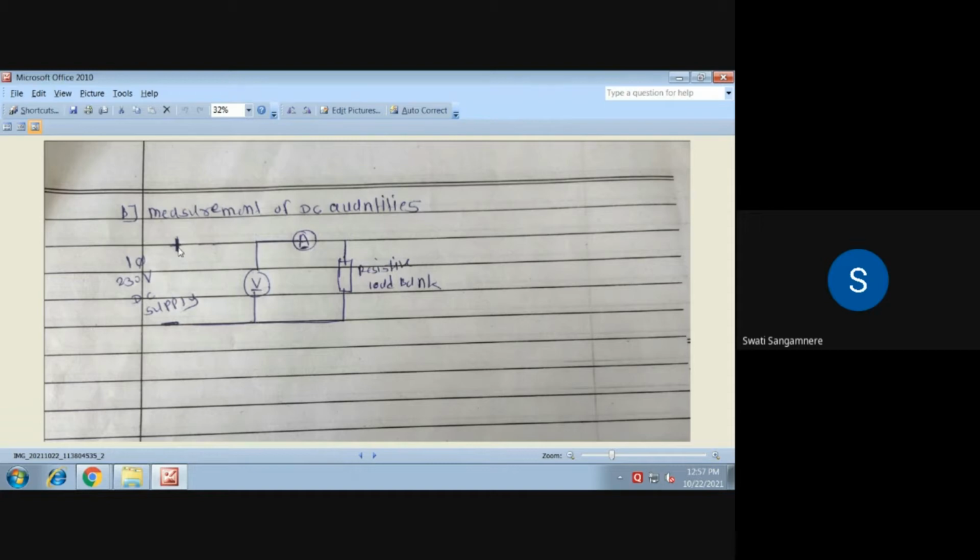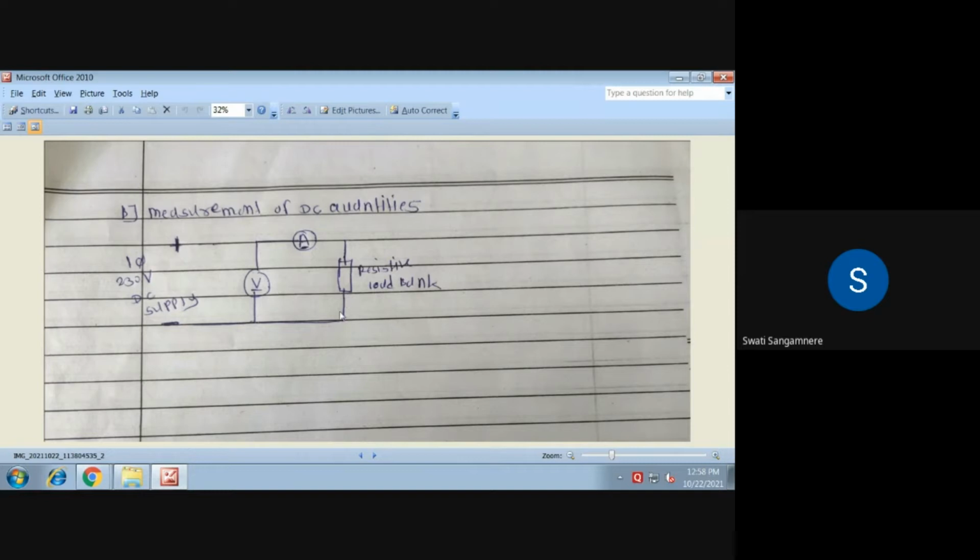Then the positive terminal of this DC supply is connected to the common terminal of this voltmeter. We use this voltmeter for measuring the DC voltage. Then the common terminal of this voltmeter is connected to the common terminal of the ammeter, and the range terminal of this ammeter is connected to the first terminal of this load bank.